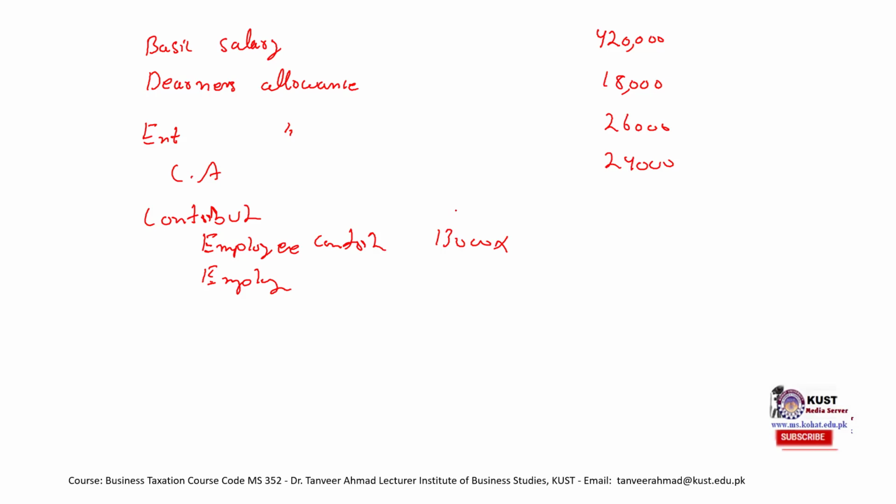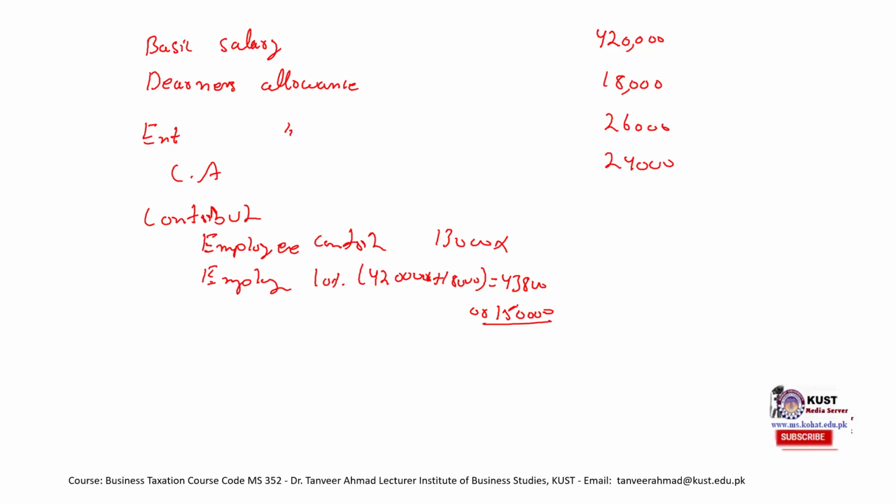So in this case, we need to calculate this exemption. 10% of the basic salary of 20,000 plus this 18,000 of dearness allowance becomes 43,800, or 1,50,000 rupees.